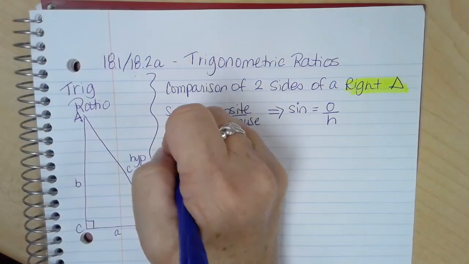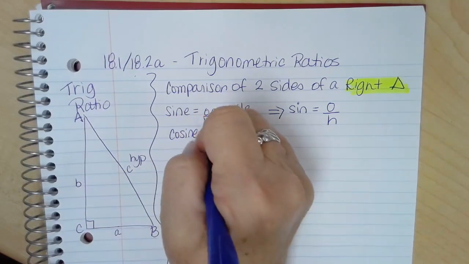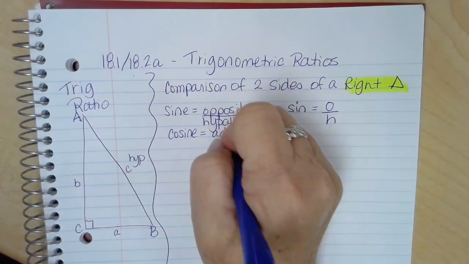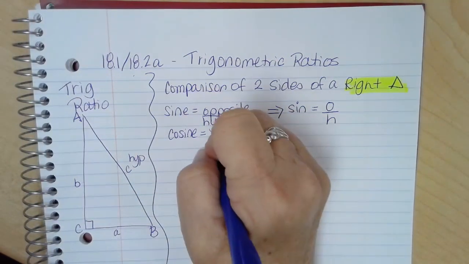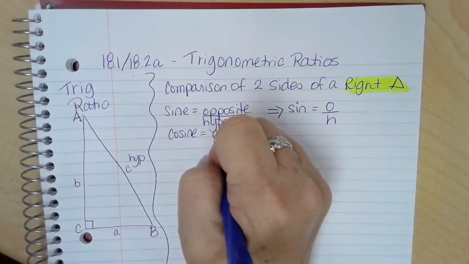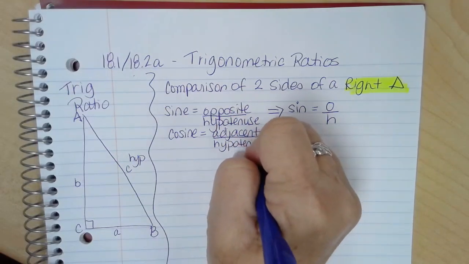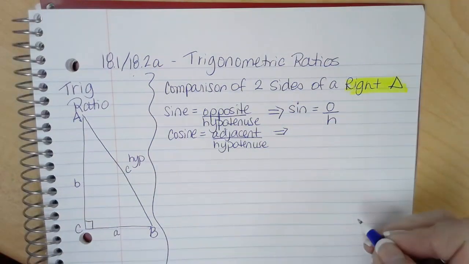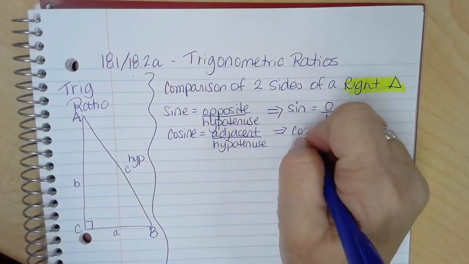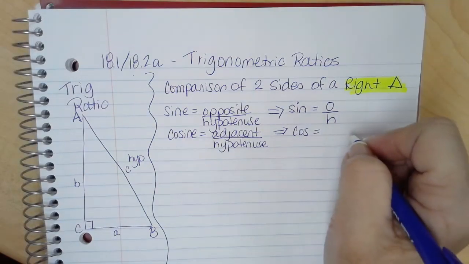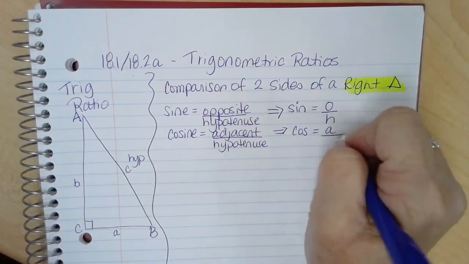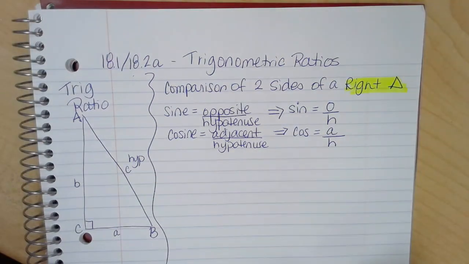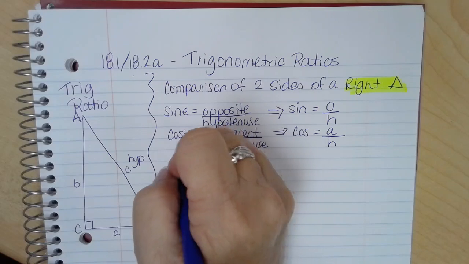Then we have cosine. Cosine is adjacent over hypotenuse. The abbreviation for cosine on the calculator is COS. And adjacent, we're going to use little a, over hypotenuse, H. Then we go to tangent.